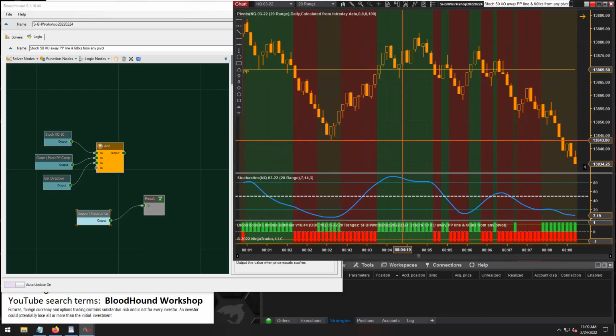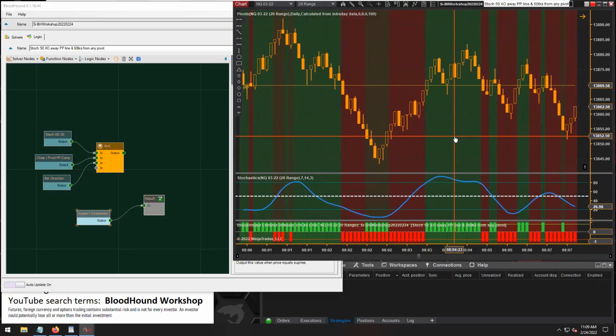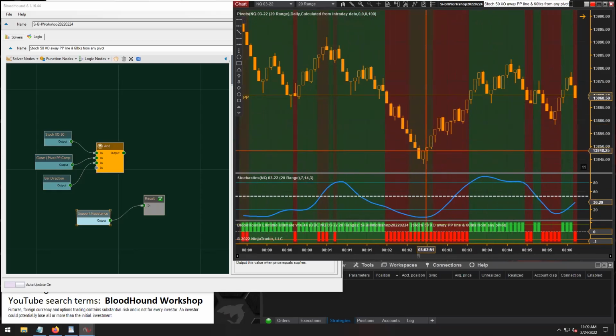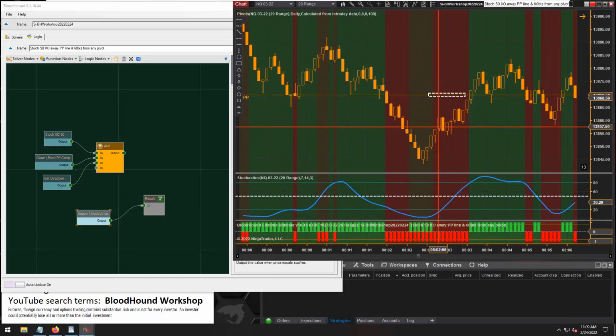And let's take a look at the chart here. The way the support resistance solver works is, if you're below your support resistance line, then when price gets within 60 ticks below it, let's move this down here.